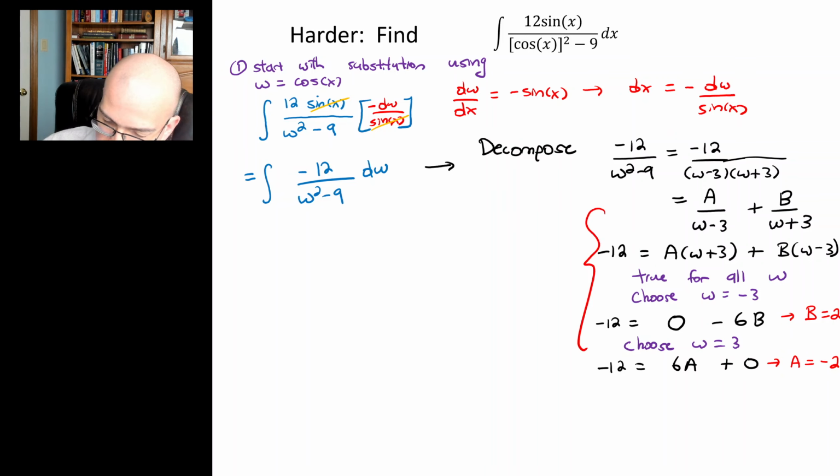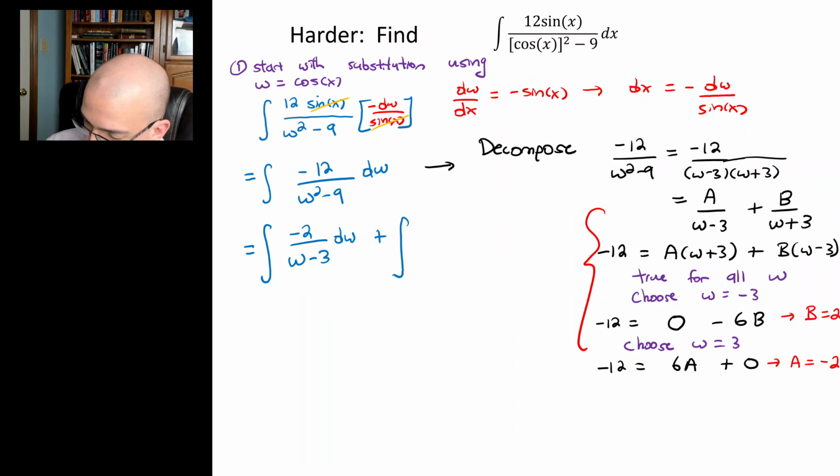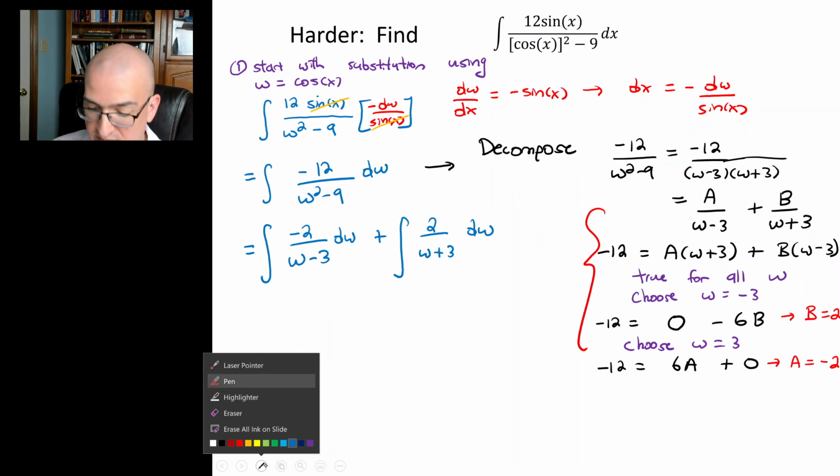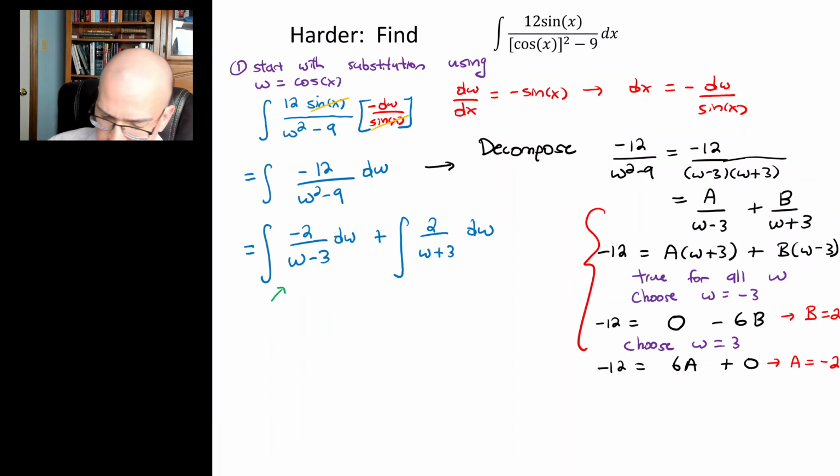Okay, so I'm going to use that to rewrite the integral. We have the integral of negative 2 over w minus 3 dw plus the integral of 2 over w plus 3 dw. And we can use substitution again. I hesitate to use the letter w, so I will use a different letter.